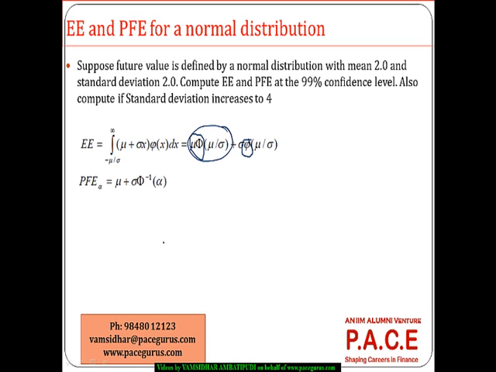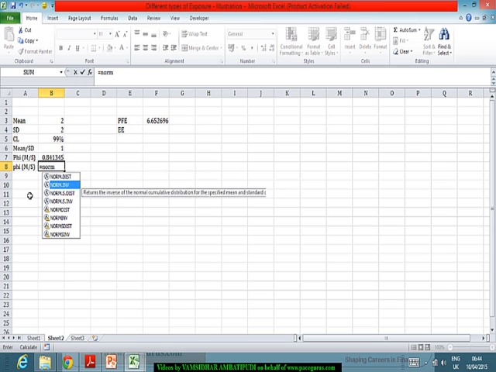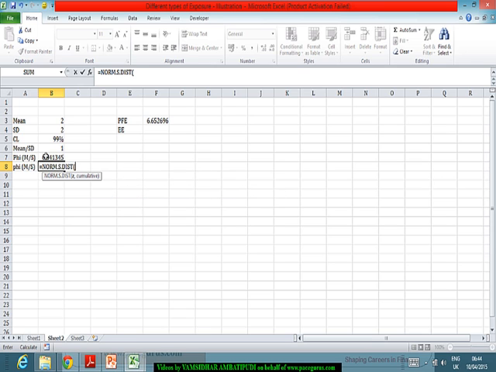At the same time, mu times that value plus sigma times the small phi, small phi times m by s. Here I'll take small phi, which comes out as the same NORM.DIST, but not cumulative now. I'll take it as the density function. So the density function here comes out.